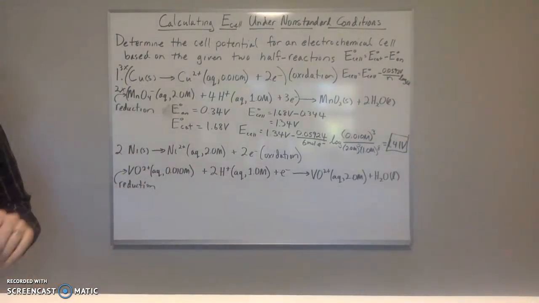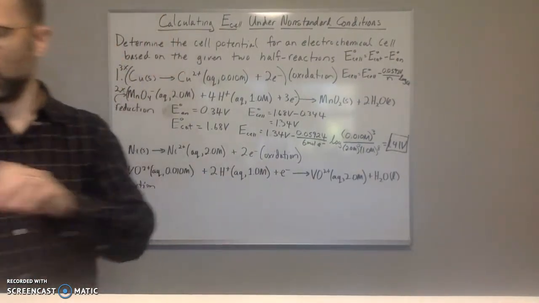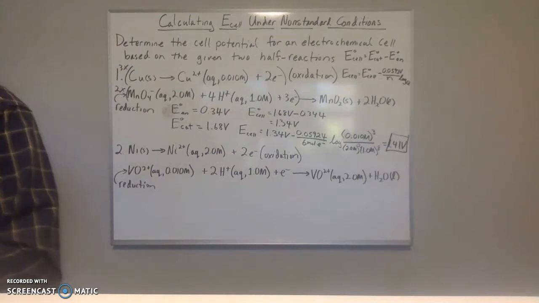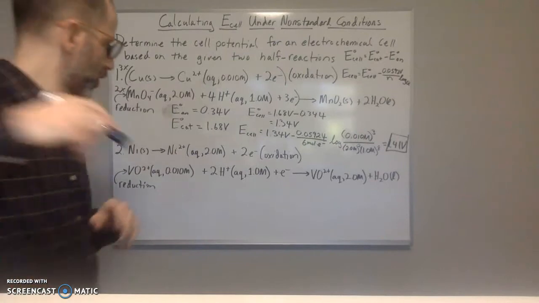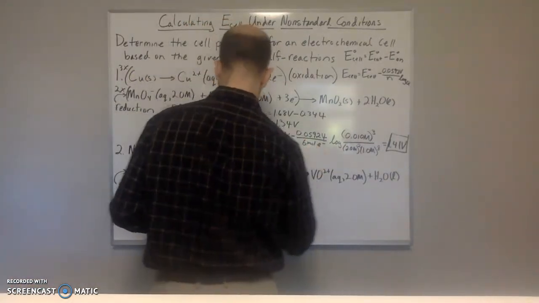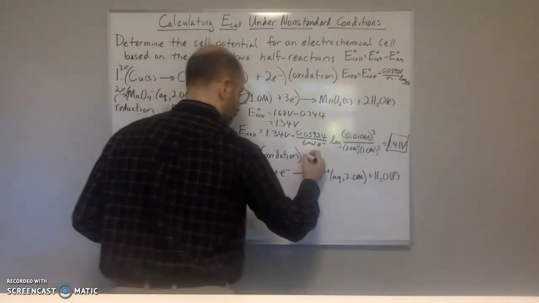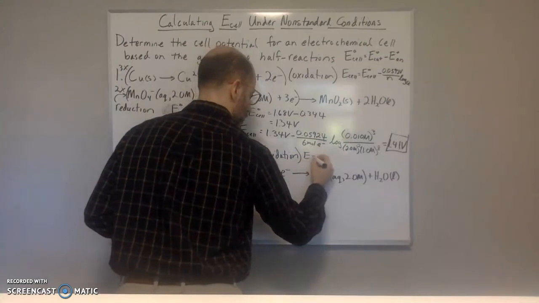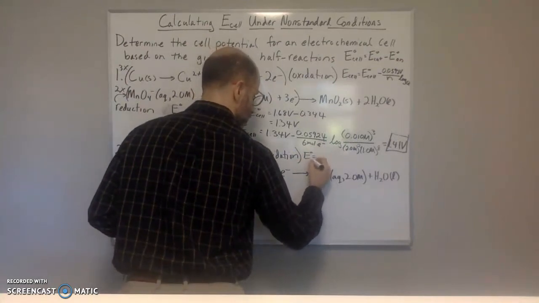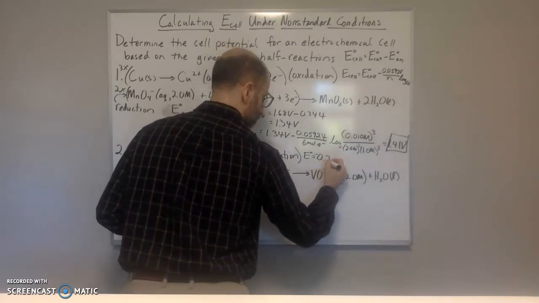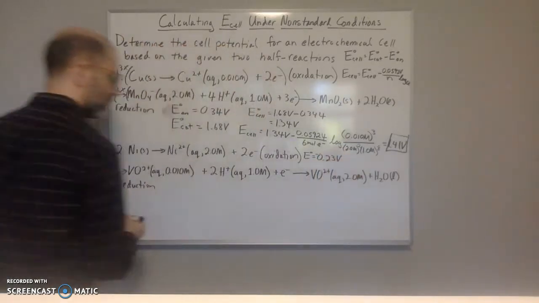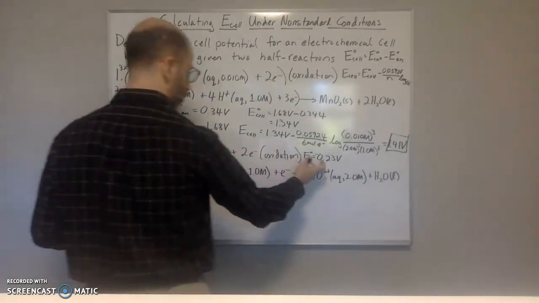and that's going to be negative 0.23. So that's going to be equal to negative 0.23 volts. That's going to be the anode.